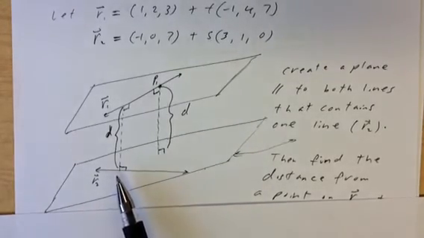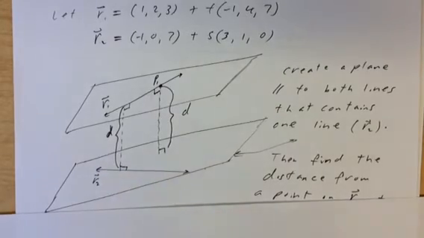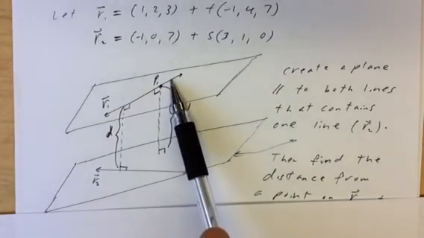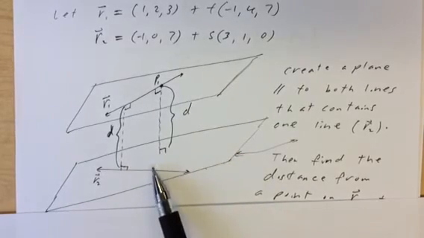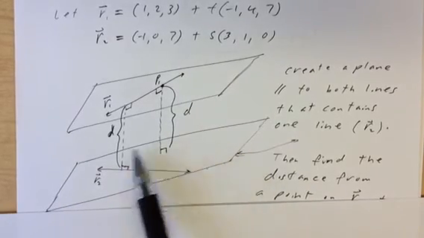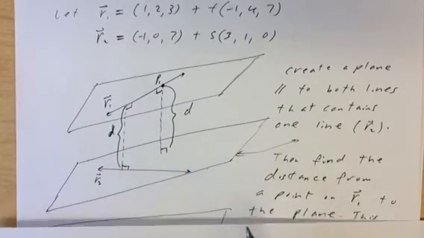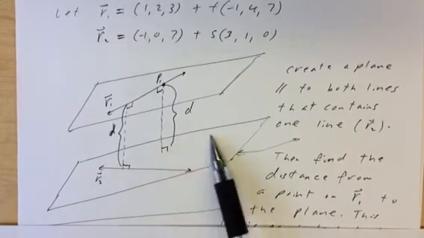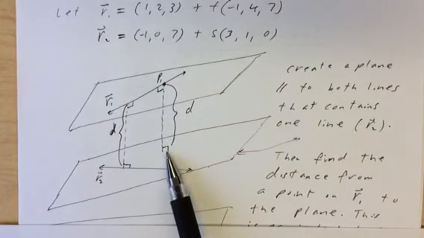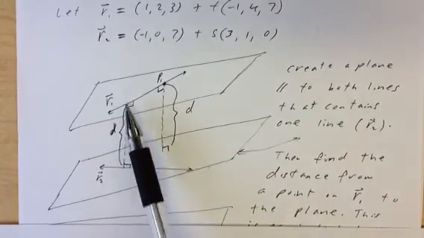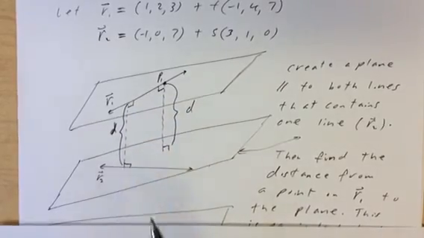Creating one plane is enough: use a direction vector from this line and a direction vector from the other line to get that plane. Once you've got the equation of this plane, pick any point on the other line and find the distance from that point to that plane, and it's equivalent to the shortest distance between the two skew lines.